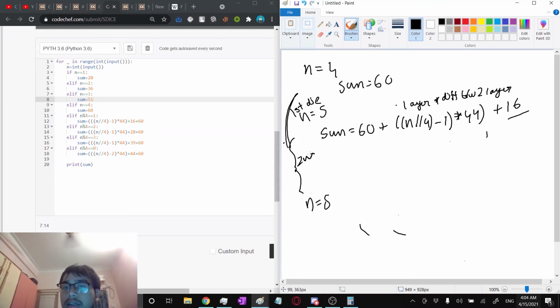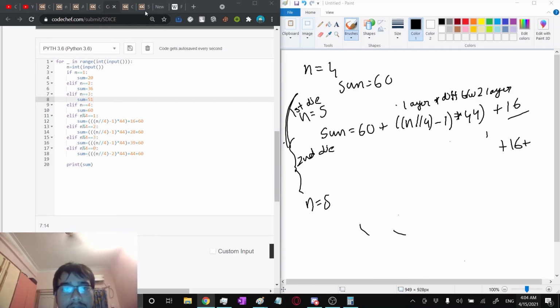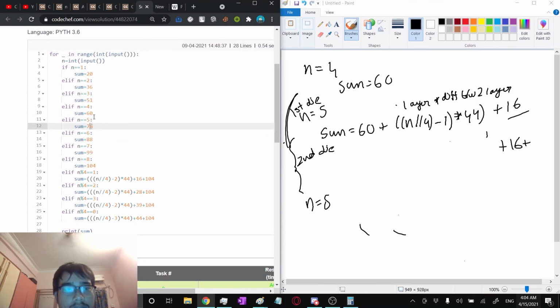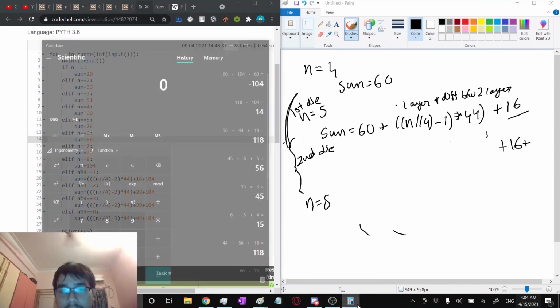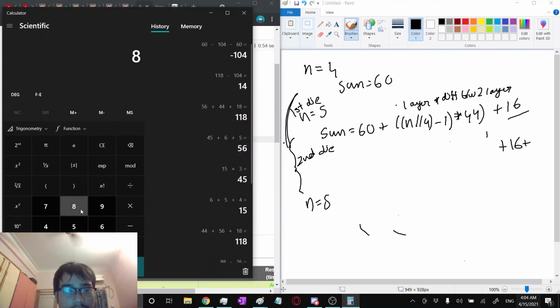If it is the second die, we have to add 16 plus how much? I think it was 76. 88 minus 76, whatever it would be. Let's calculate it. 88 minus 76, it's 12.